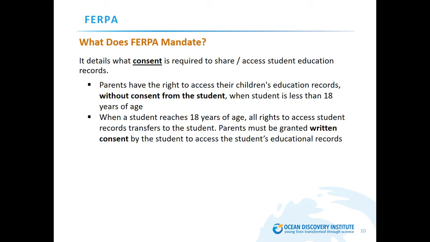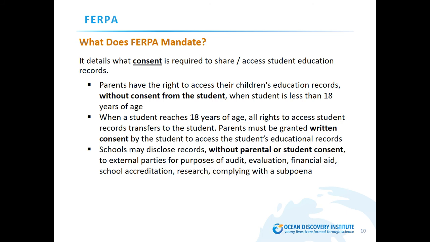Parents must be granted written consent by the student to be able to access the student's personal education records. Schools may disclose records without parental or student consent to external parties for the purpose of audit, evaluation, financial aid, school accreditation, research, or complying with a subpoena.